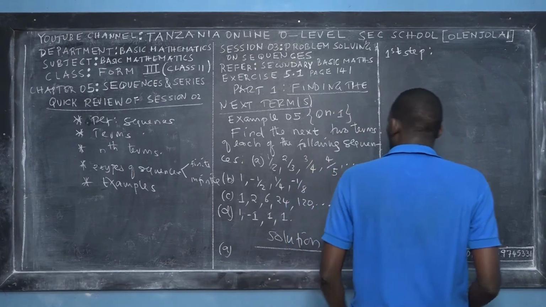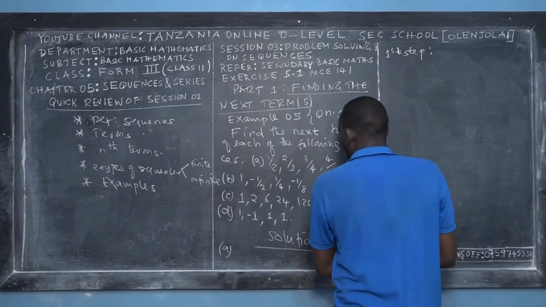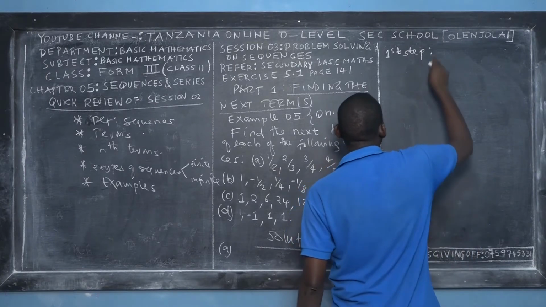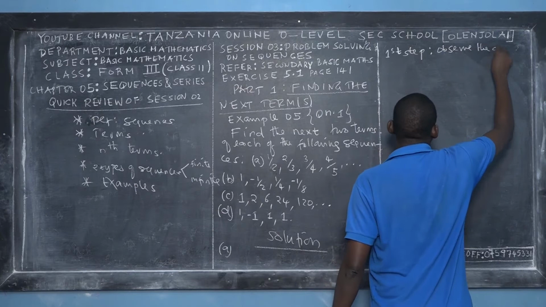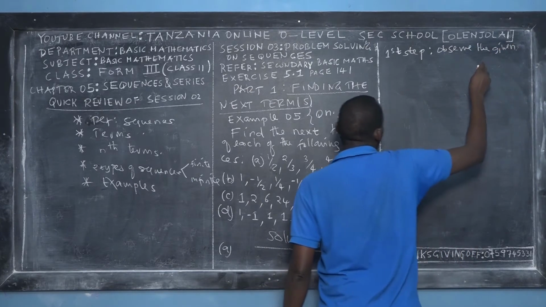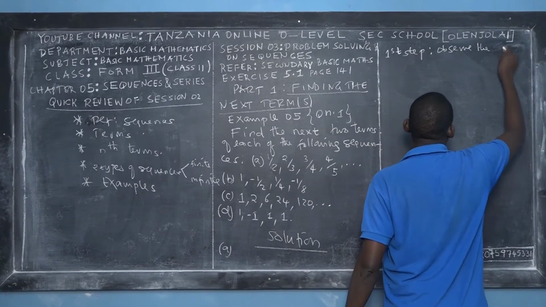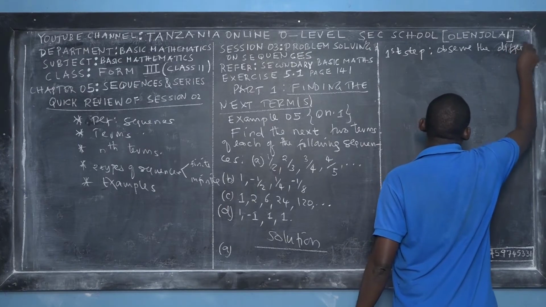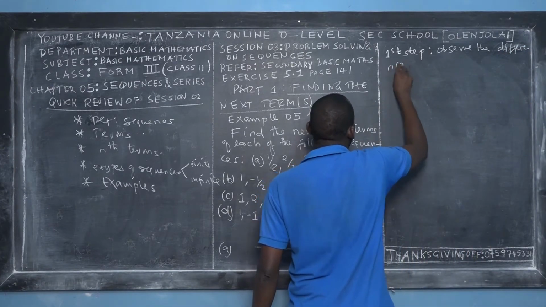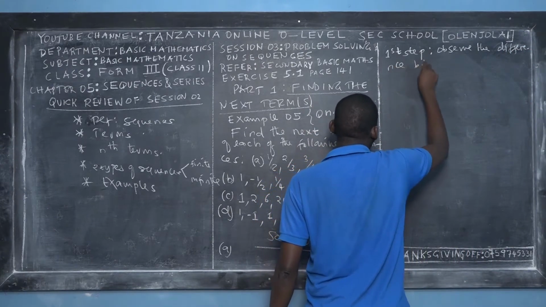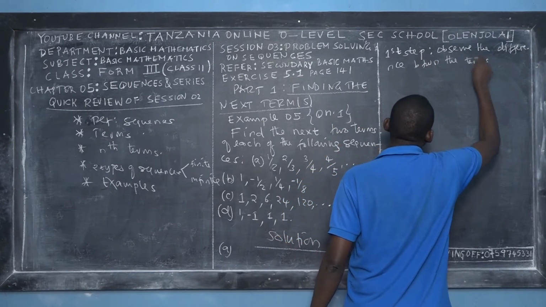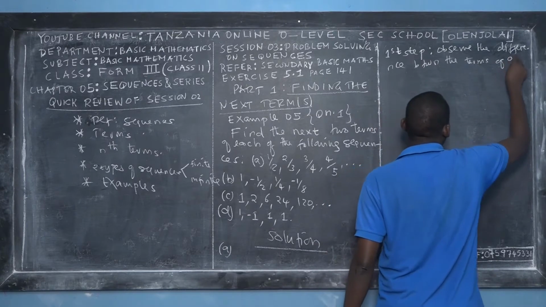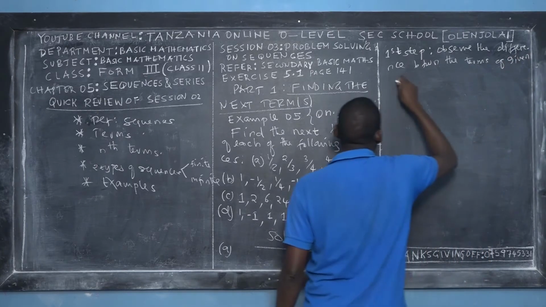The first step, we say, is to observe the given sequence. Observe the difference between the terms of the given sequence.